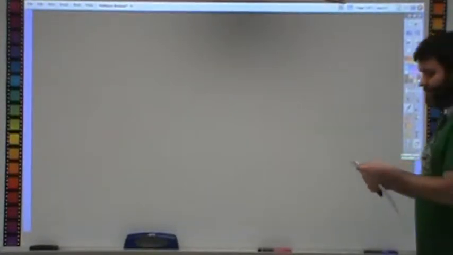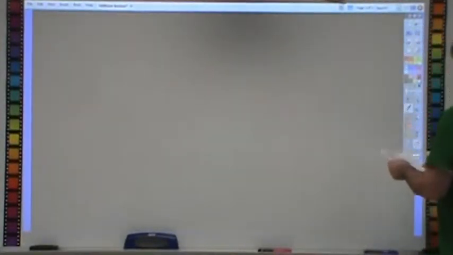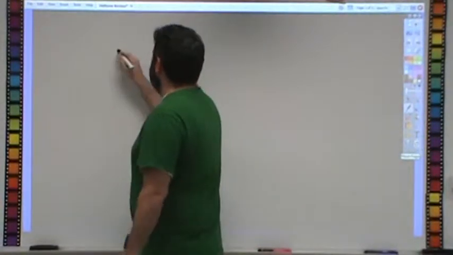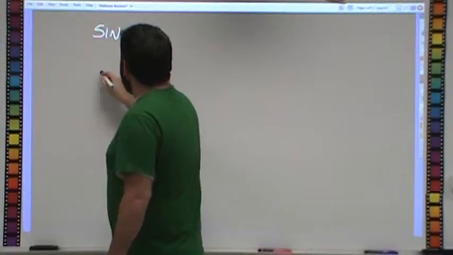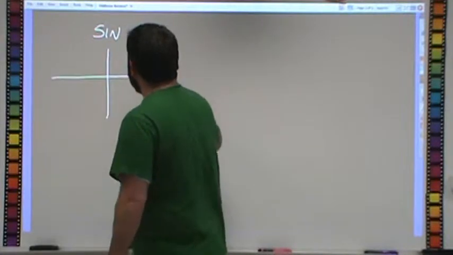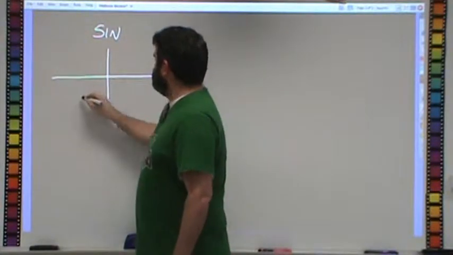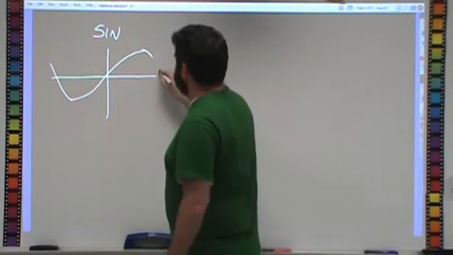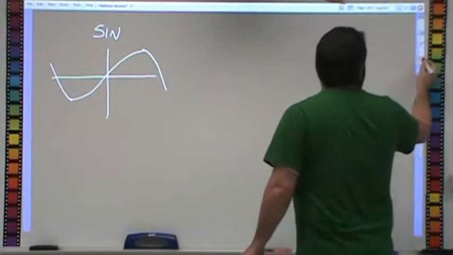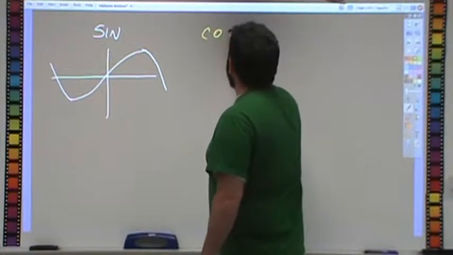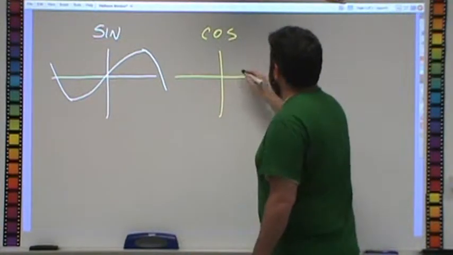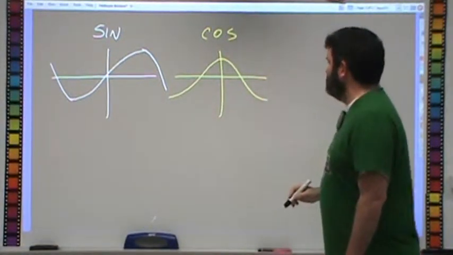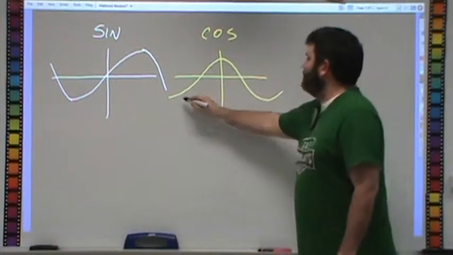All right, on the long stretch, folks, you just need to know your graphs. So I'm going to take care of 31 and 32 at the same time. Remember, the sine graph is always going to pass right through the origin before it does all of its curves. The cosine graph is going to drop from atop the y-axis before it does its curves.